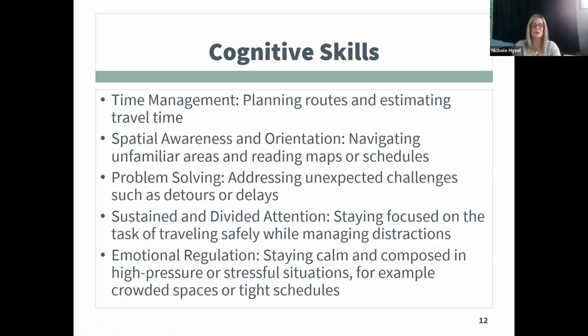And lastly, emotional regulation includes staying calm and composed in high pressure and stressful situations. So for example, being in a crowded space and having a tight schedule, navigating through those crowds, possibly managing other individuals within that environment, and being able to keep calm and regulated so you're able to move forward.